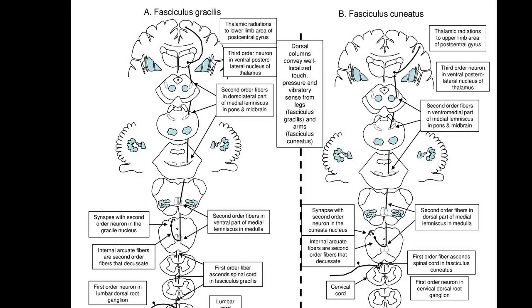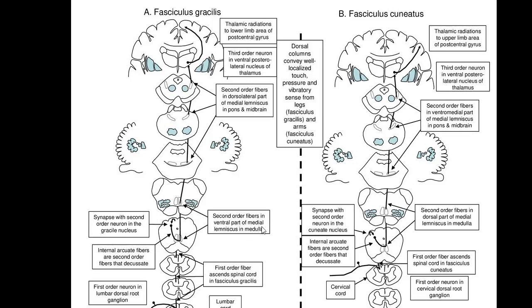The second order neurons, you see, they arise in the nucleus gracilis. They form the internal arcuate fibers. So these fibers cross to the opposite side and they ascend up as medial lemniscus.